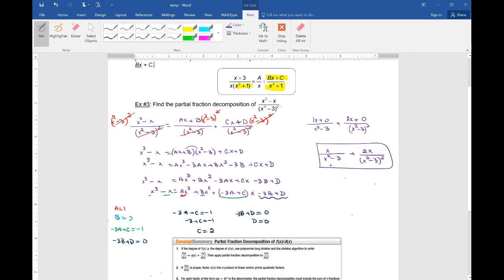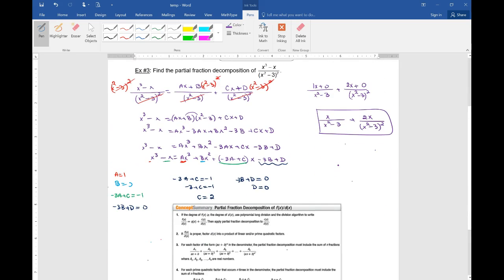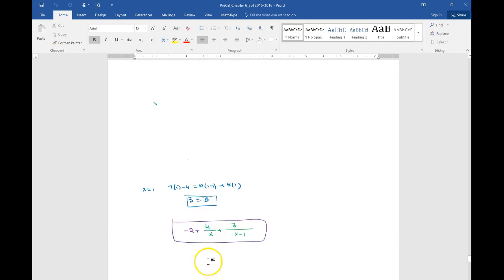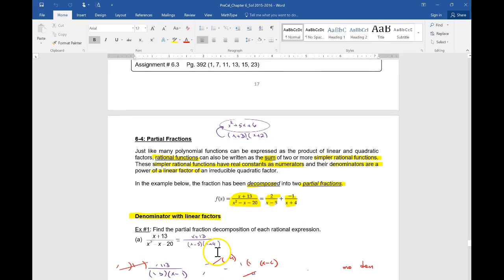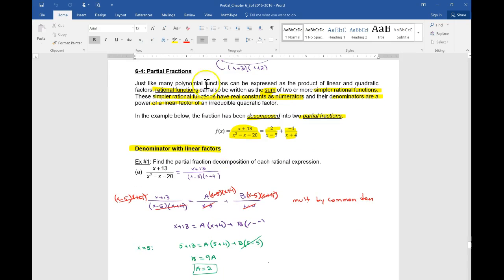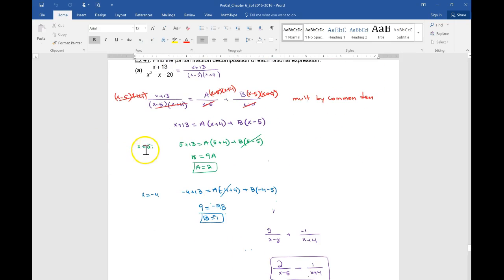All right? Okay, so with that now, if we review what we did. All right, so if we go back to the beginning of this lesson, here are all the different cases that we have. You have a denominator with linear factors, and this is how you solve it. It's just like an x minus 5 and an x plus 4. That's the most straightforward. We put in values in order to make one of the variables go away. So that's the first one.